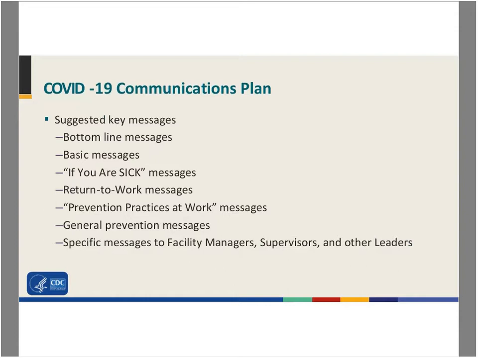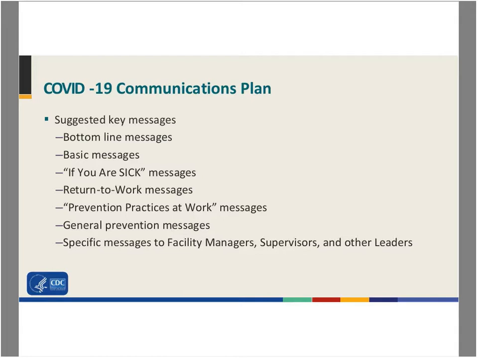This plan has changed a little bit since it went through clearance, but it has a whole variety of communication messages. They're broken into bottom line messages and basic messages, which include if you're sick messages that you want to communicate to your employees, return to work, prevention practices at work, and a whole variety of other messages.